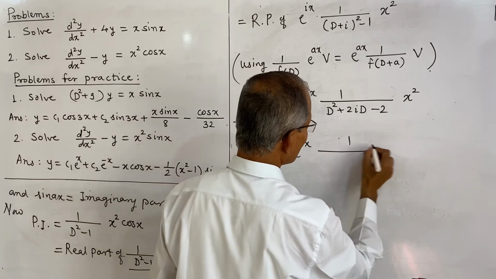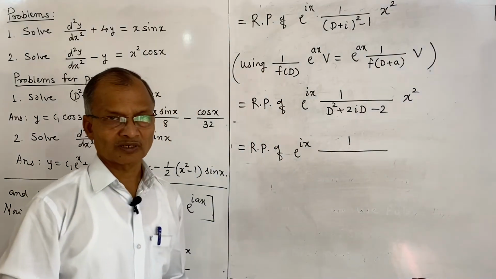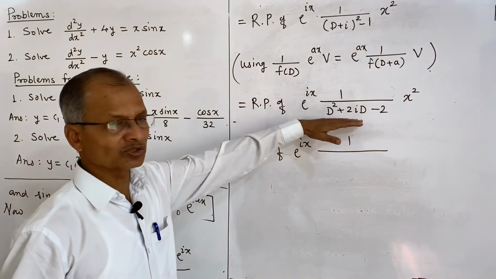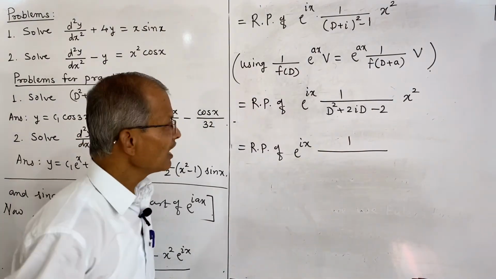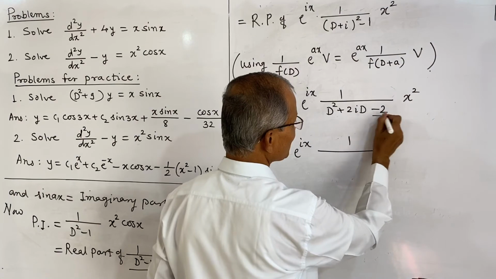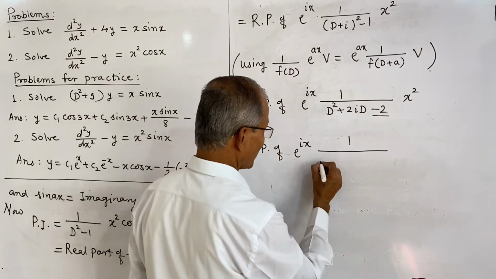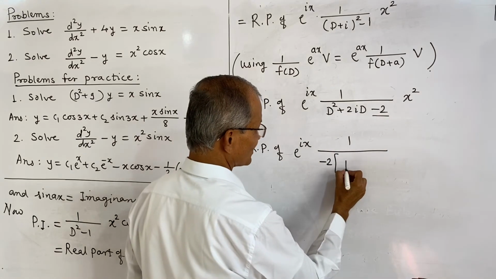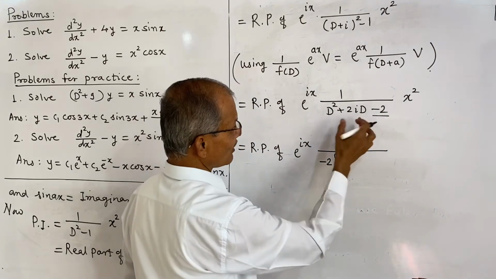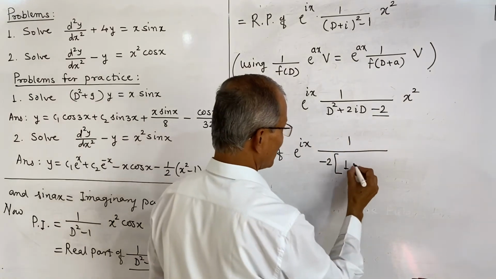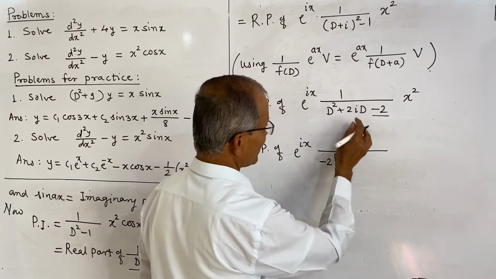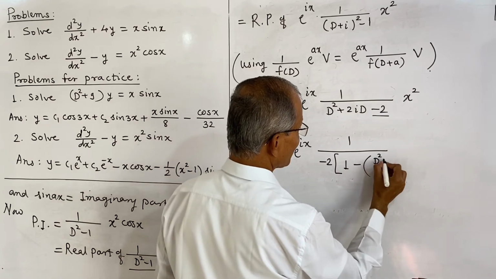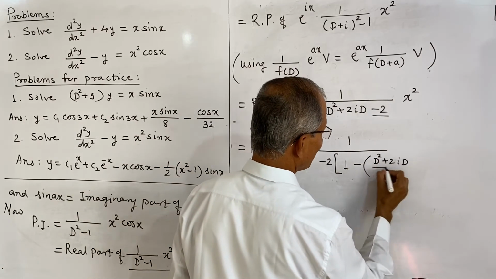Now we have this as an algebraic function or power function, and therefore we should express this function as 1 plus or minus function of D, and for that purpose we take this constant term common, and I shall write minus 2 common, and in bracket we write this term first, that is 1, and this term is to be divided by minus 2, and because minus sign is taken common, that will be minus D square plus 2iD divided by 2.